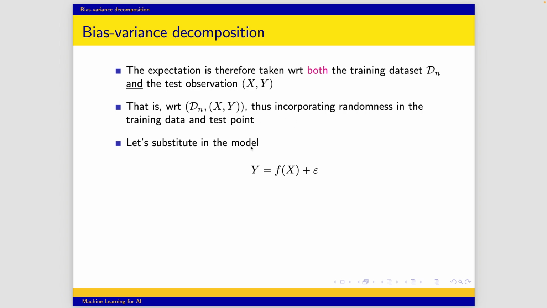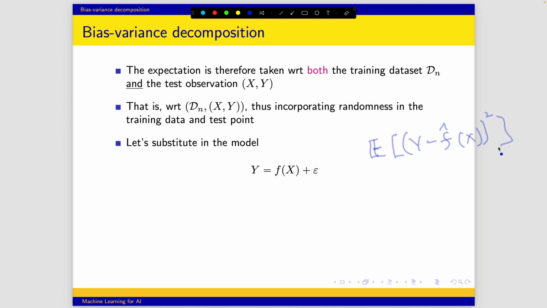Now let's substitute into our expression, not straight away, but we're going to start decomposing it. What we want to find an expression for is this, the expected value of (y minus f hat of x, our predictor) all squared. We want to know what this thing is, right?